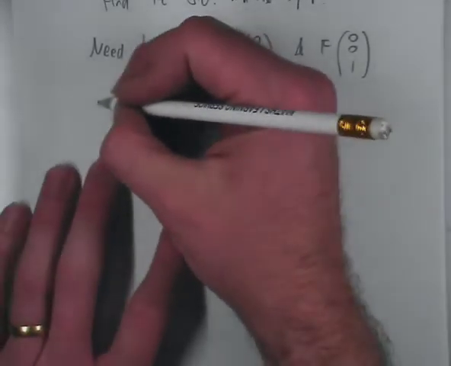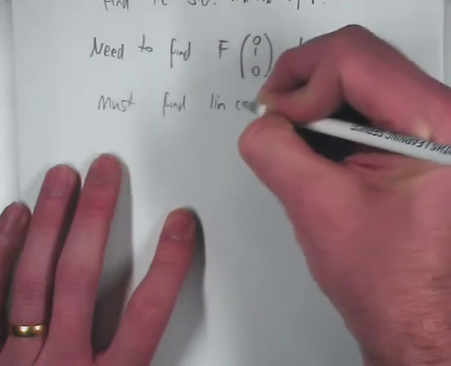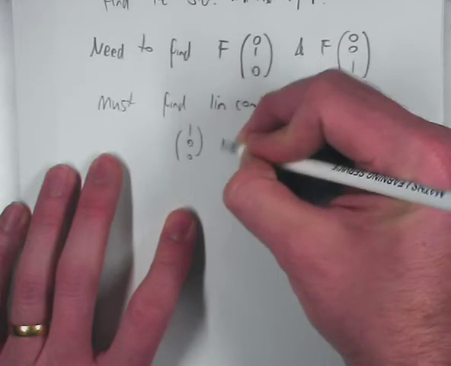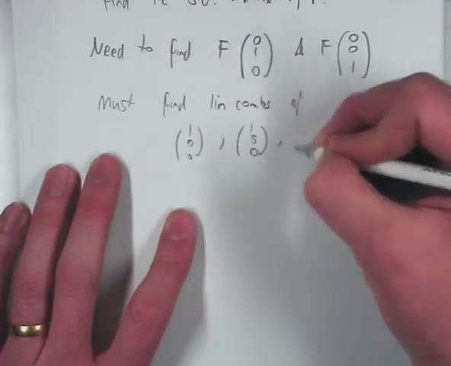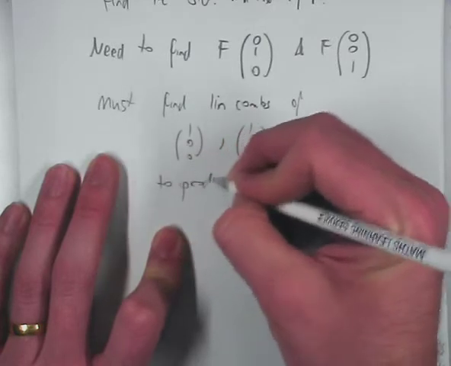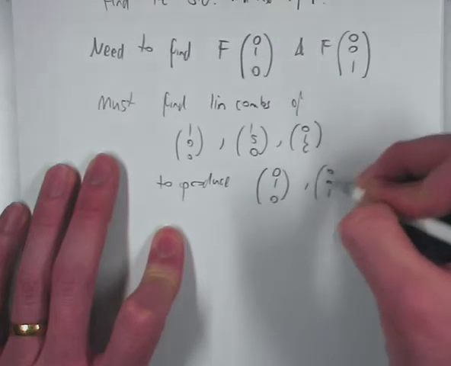Yeah? So we must find linear combinations of 1, 0, 0 and 1, 5, 0 and 0, 1, 2 to produce 0, 1, 0 and 0, 0, 1.